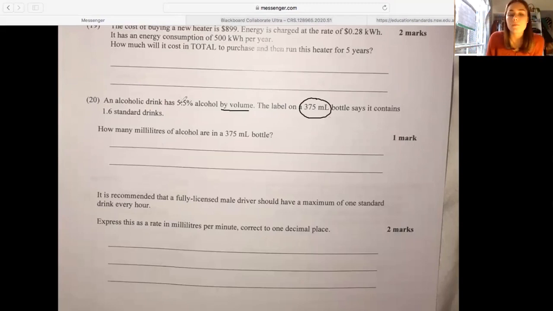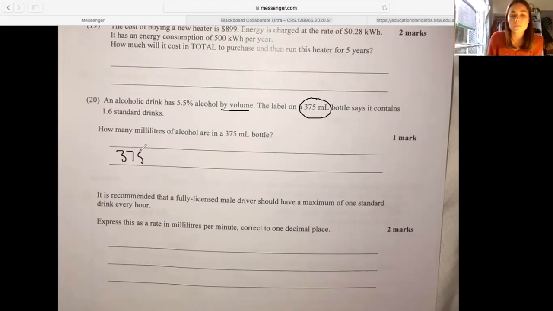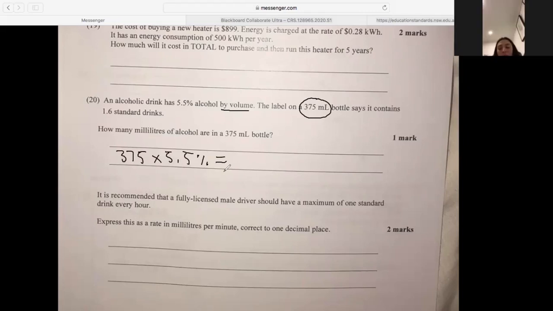So 5.5% of that will be alcohol. Does that make sense? And I think the first question is just wanting you to do this. Okay, I'm so bad with this stuff.